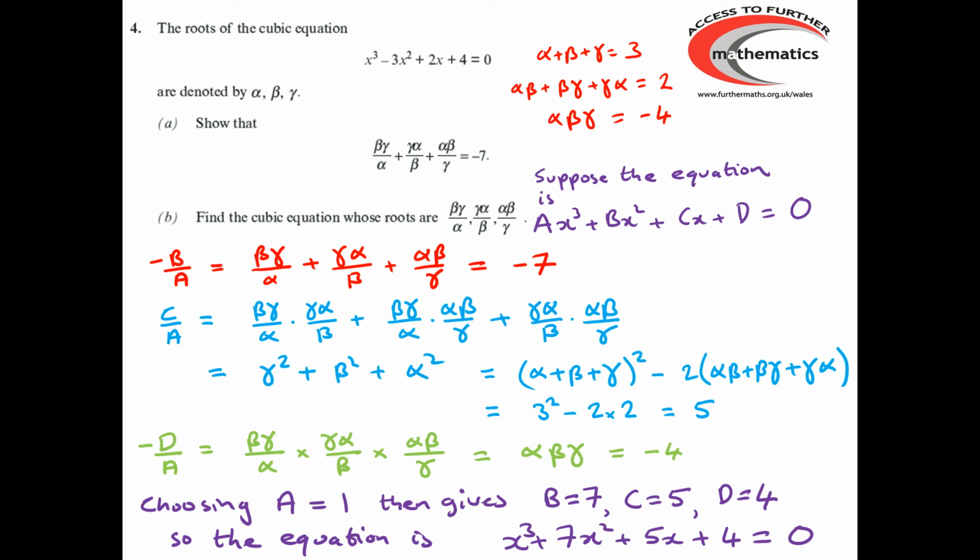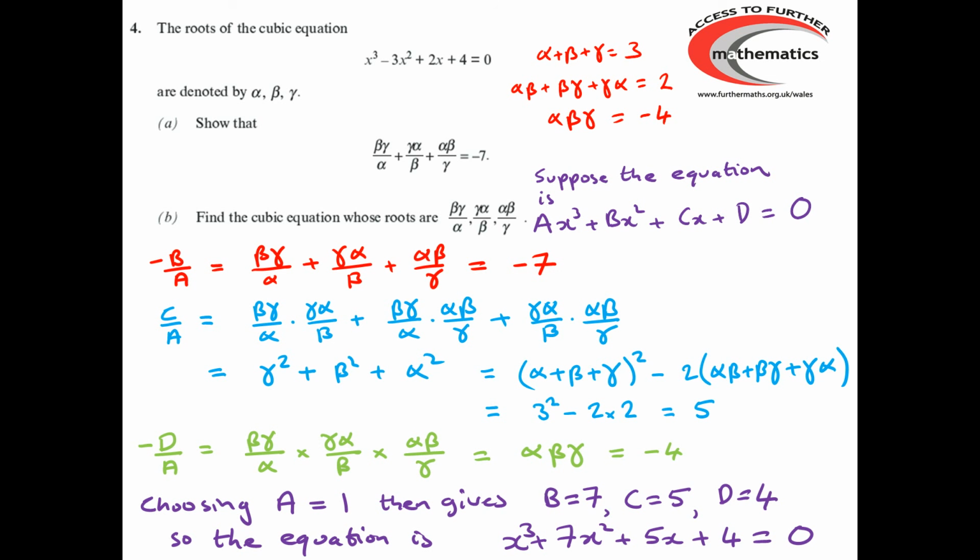And then the next 3 marks were for obtaining part A, beta gamma over alpha plus gamma alpha over beta plus alpha beta over gamma, and checking or verifying that it does come out to be minus 7. There were then 3 more marks for working out the value of c upon a and obtaining that value of 5.